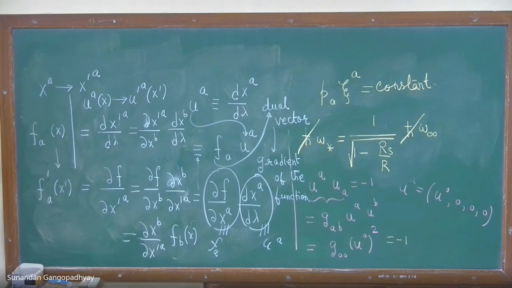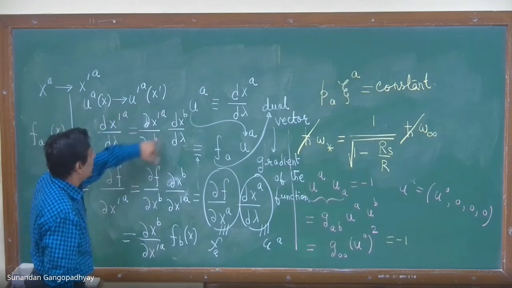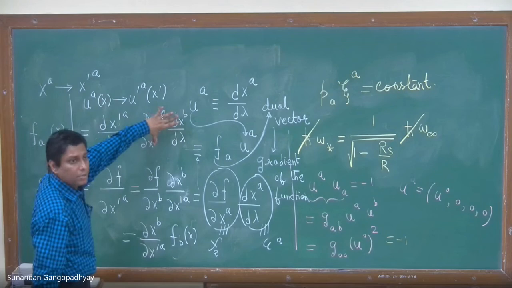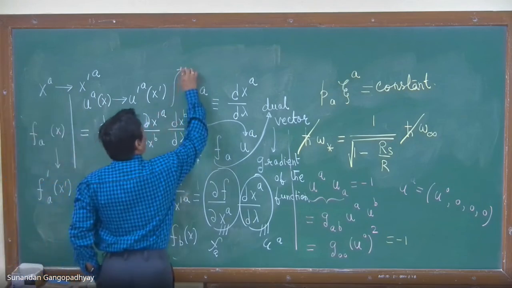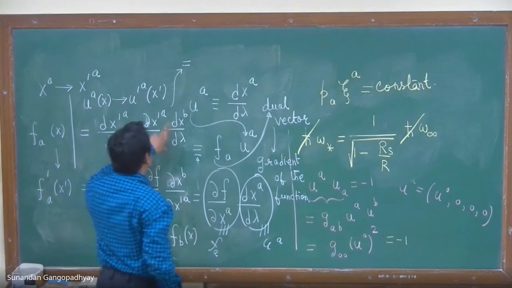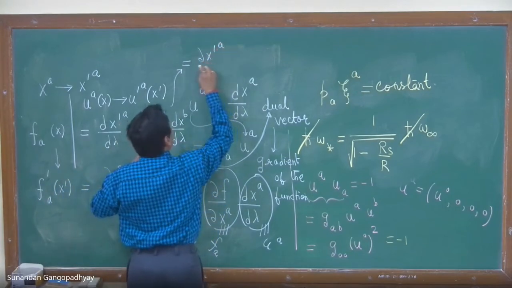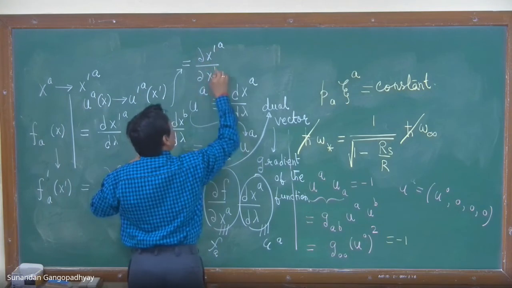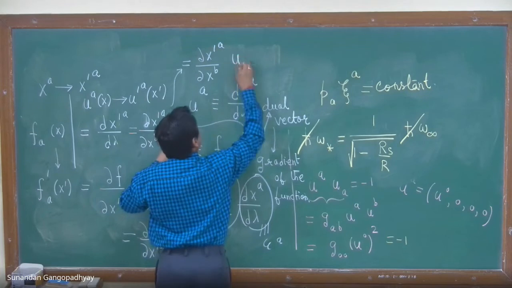Correct? Again chain rule. Now you apply the chain rule. B is repeated, so it is summed over, and therefore this is equal to del x prime a del x b times dx b d lambda.